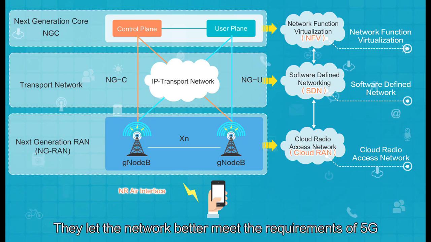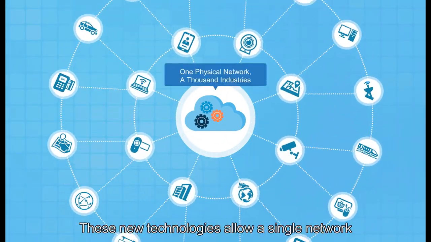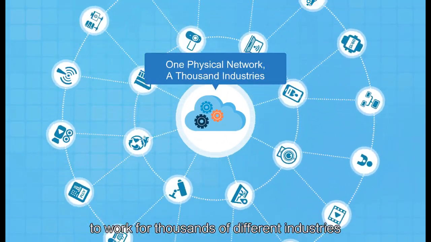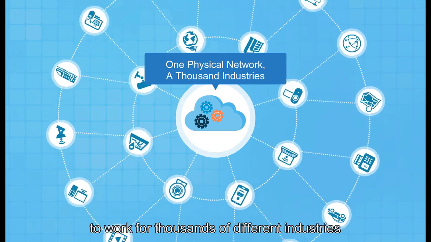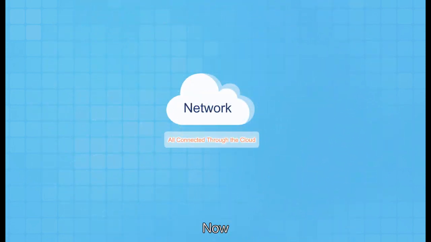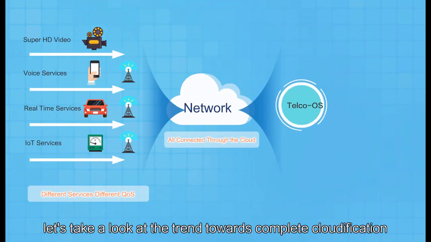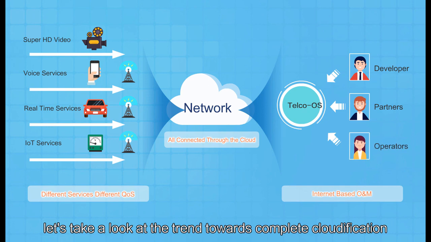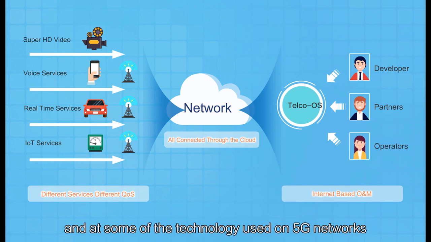They let the network better meet the requirements of 5G. These new technologies allow a single network to work for thousands of different industries. Now, let's take a look at the trend towards complete cloudification and at some of the technology used on 5G networks.